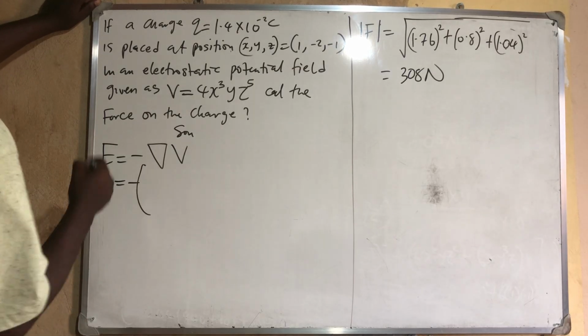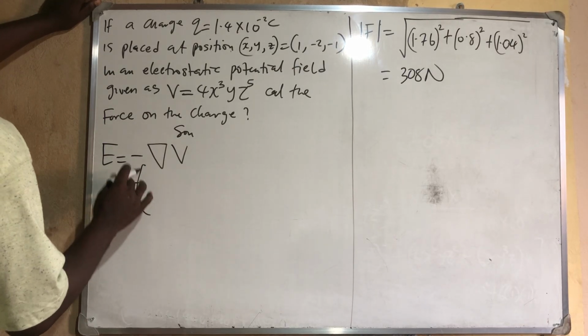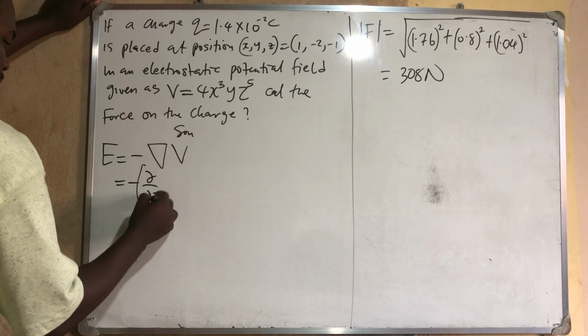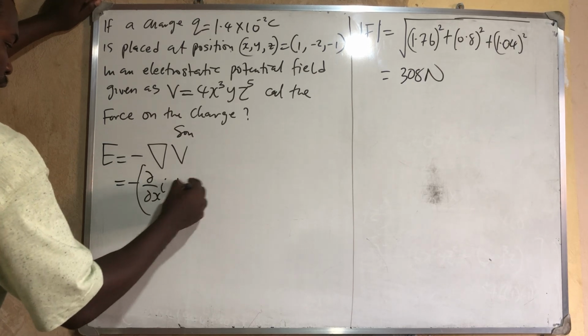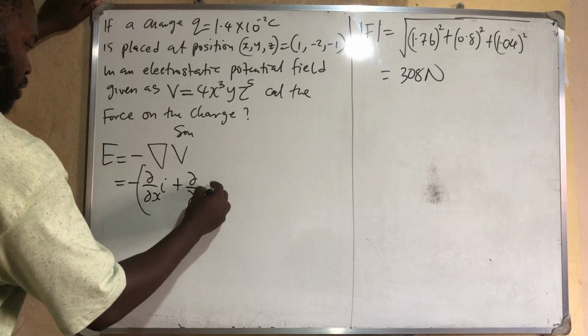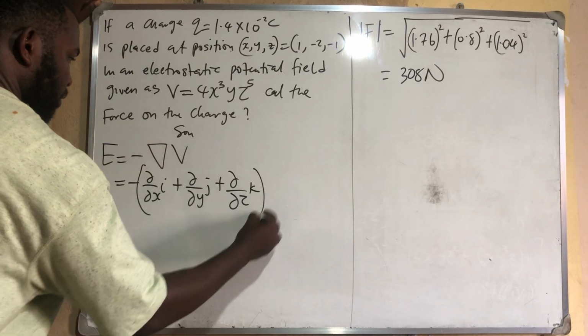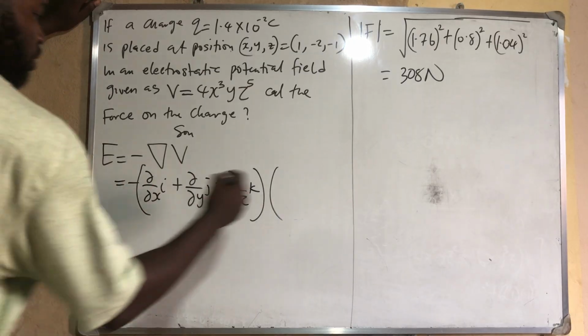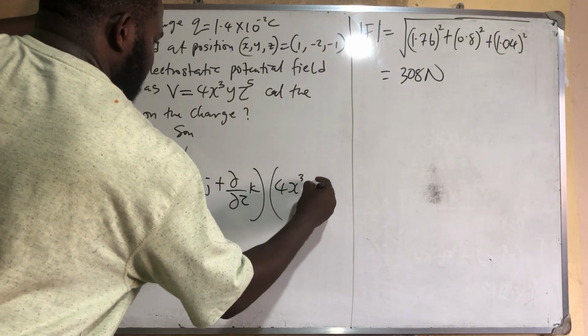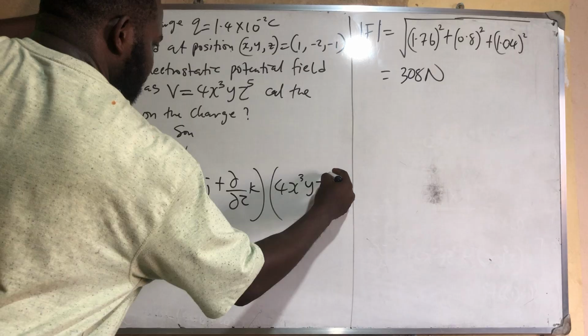What do I have? Minus into, what is your grad? Your grad is partial x, you put I, plus partial y, you put J, plus partial z, you put K, multiplied by your V, which is 4x raised to power 3y z raised to power 5.